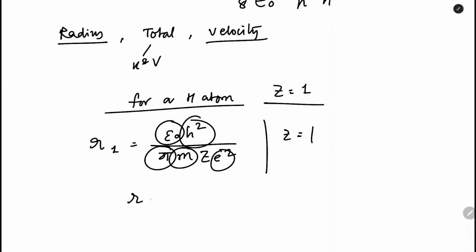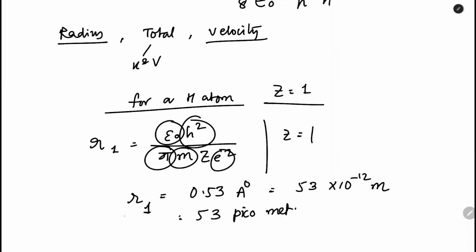So it will come around as 0.53 angstrom or 53 into 10 to the power minus 12 meter, or you can write it as 53 picometer. So this is the radius of hydrogen atom. Okay, so we generally denote it as A0.